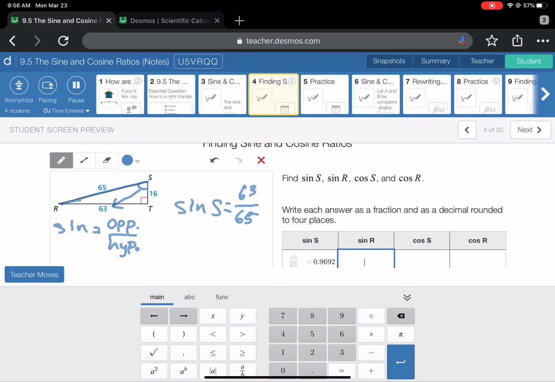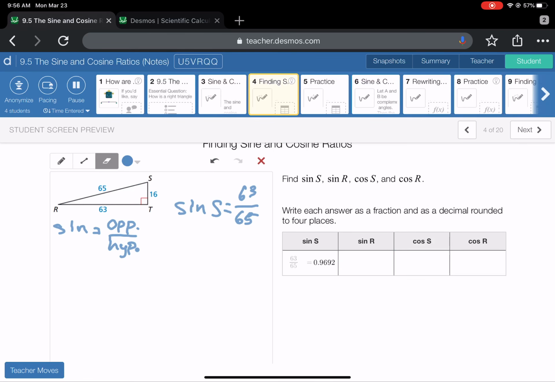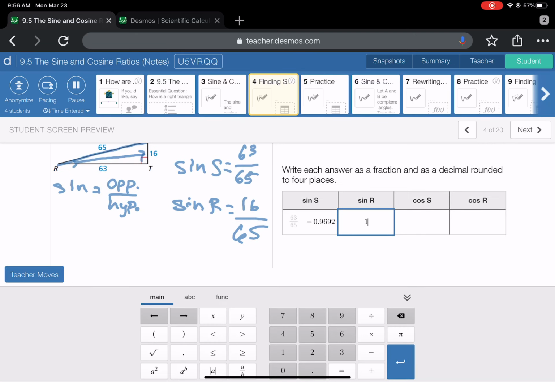Now let's try again, but this time let's find the sine of angle R. Here's angle R. We set the sine of angle R up as the opposite, 16, over our hypotenuse, which is 65. So we have 16 divided by 65, which is 0.2462, rounded to 4 decimal places.